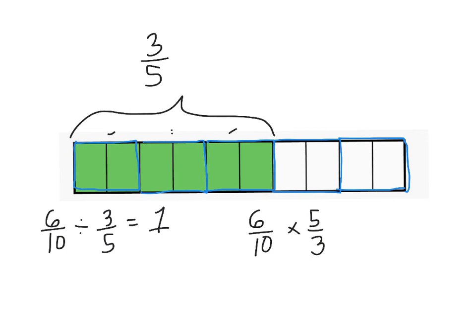We can divide or cancel 5 and 10. That's 1. This is 2. And 3 and 6. That's 2, that's 1. And then we can multiply. It's 2 over 2. And that's equal to 1. And that confirms our answer.